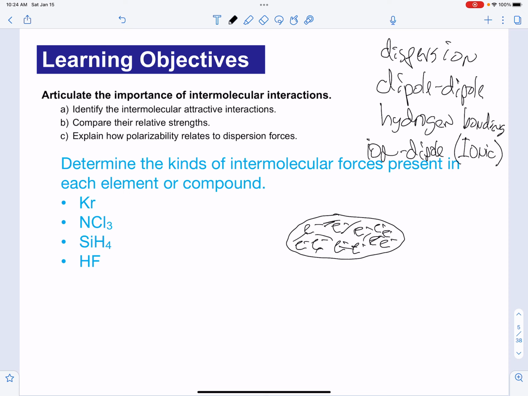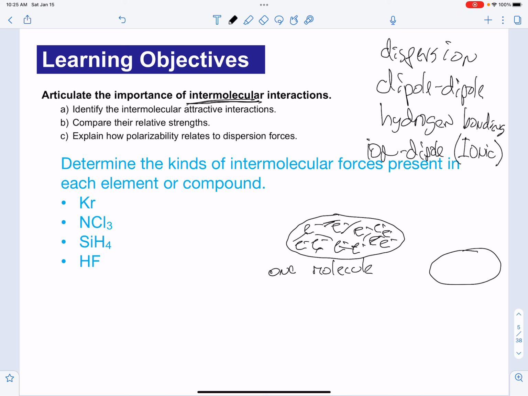So what are dispersion forces? Well, dispersion force is one type of intermolecular interaction. So this is one molecule. So that's not what we're talking about. We're talking about interaction between molecules.